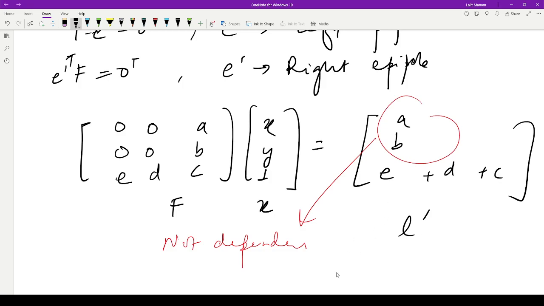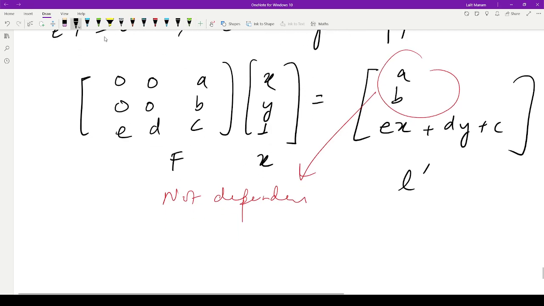It is Ex plus Dy plus C. So what is it that we are observing? That the first two elements are not dependent on the values x and y.